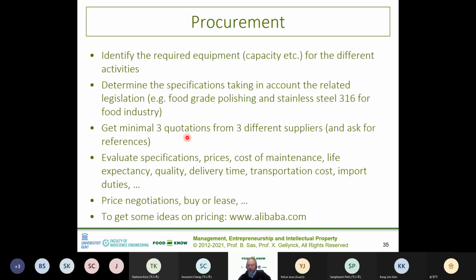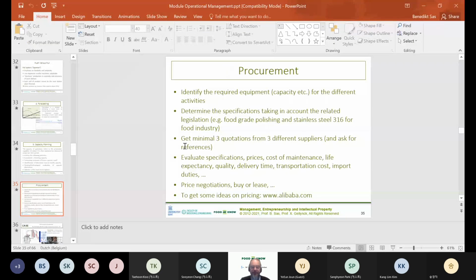Now, before we go to procurement, we're halfway in the presentation. I would suggest, if you're fine, that we take a 5-minute break. We're 1 hour already moving ahead. So is it fine that we meet again in 5 to 10 minutes, and then we continue with the presentation?